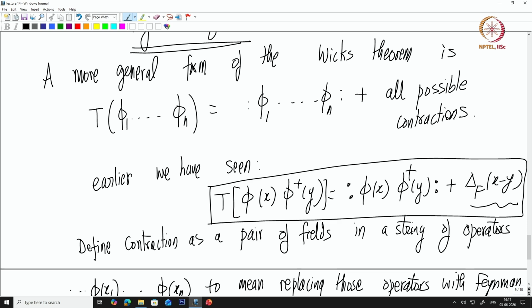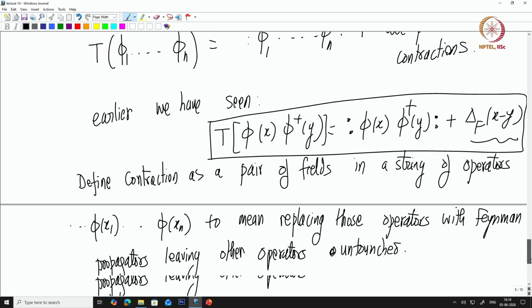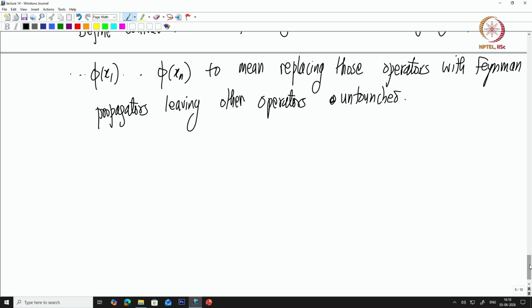So we have to write down all possible contractions. That means you can have phi 1, phi 2 contracted plus all other operators untouched, phi 2, phi 3 contracted, all other operators untouched, and so on. So, for example, the main thing which we need right now is the Phi Four theory. So, for n is equal to 4, what will it look like?